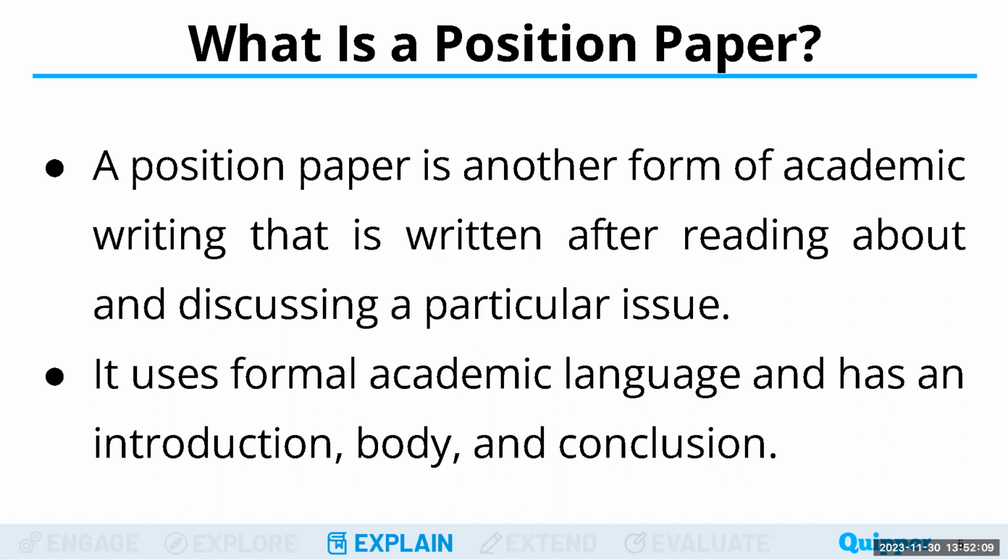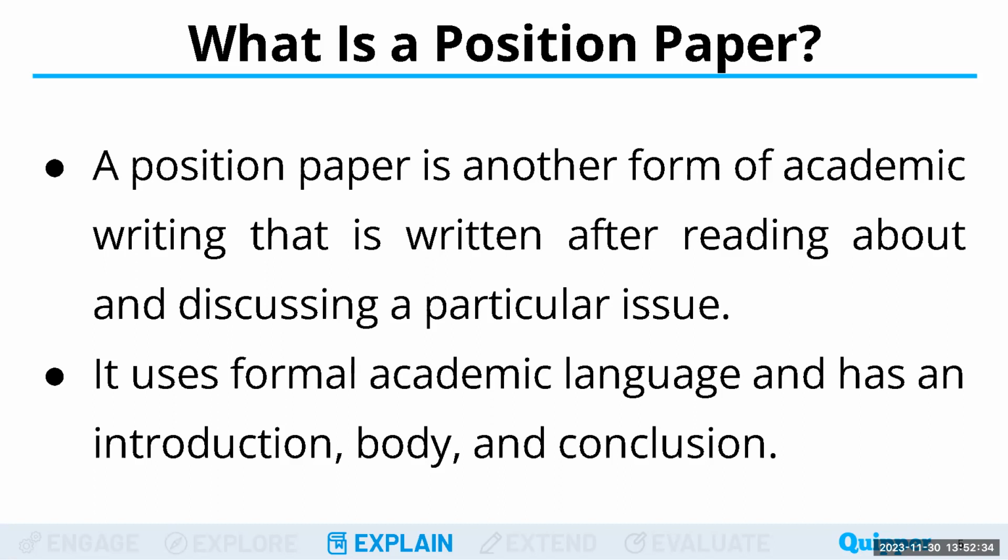It uses formal academic language and has an introduction, body, and conclusion. Much of our discussions always deal with these three elements. However, class, the aspects they include are different because we use a formal academic language.